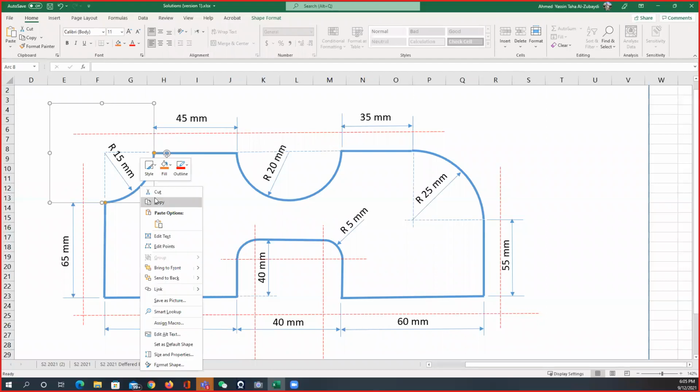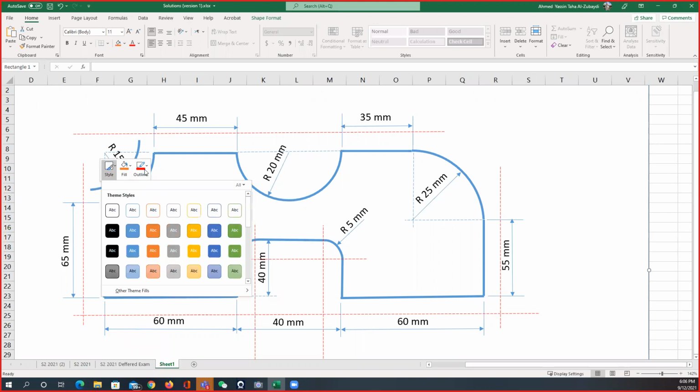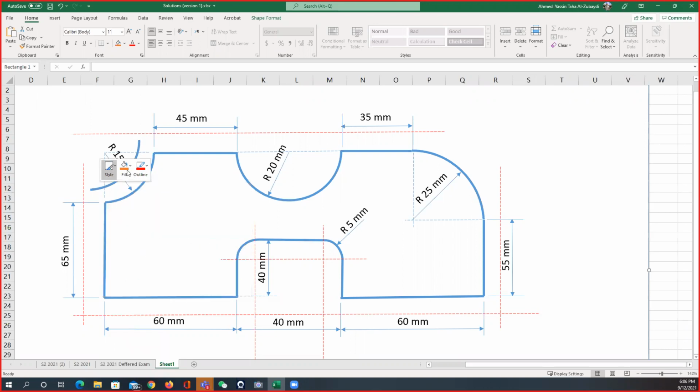I'm going to get this one, paste it. Okay, and 5 millimeters. I'm going to change the properties. The style, nope. So no, I'm choosing the wrong thing.